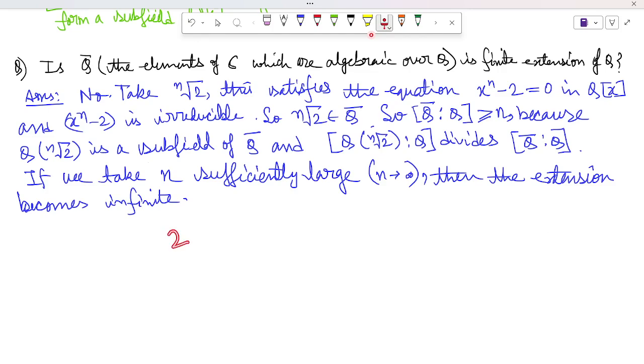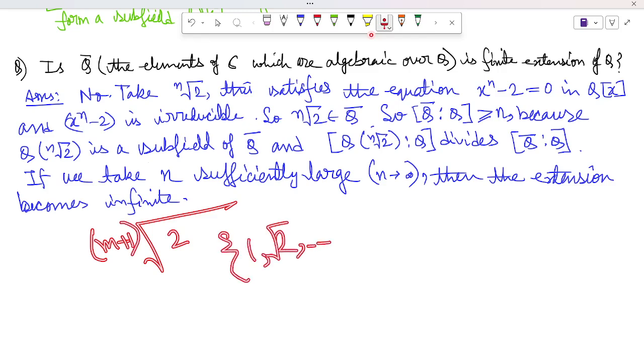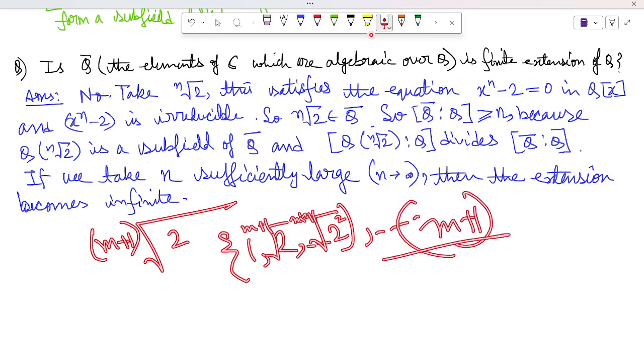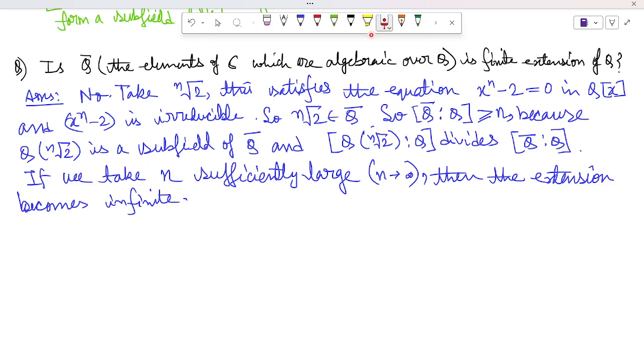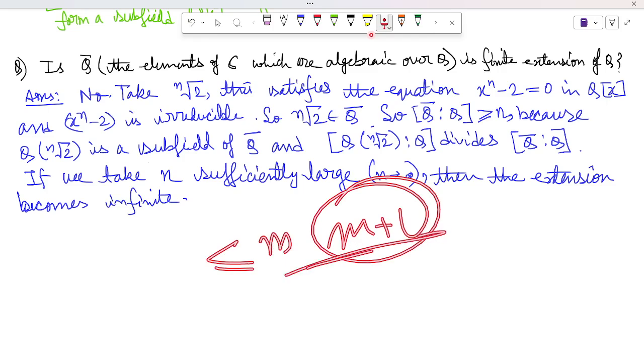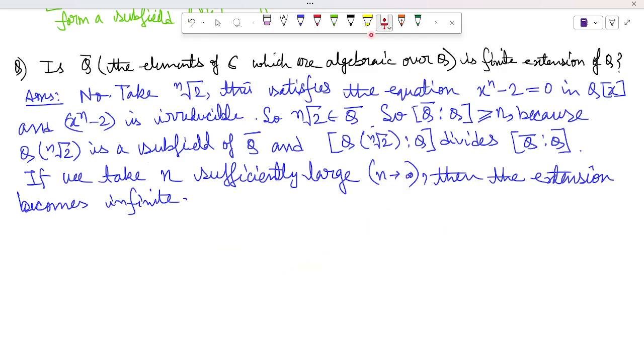But consider the equation with m plus 1: the m plus 1 root of 2 gives you m plus 1 powers. So this is a contradiction, because the basis says there are at most m elements, and I am getting m plus 1 linearly independent elements. So it is impossible. But it is countable.